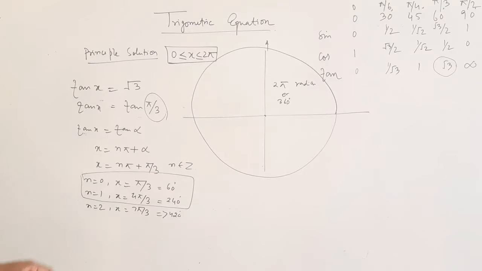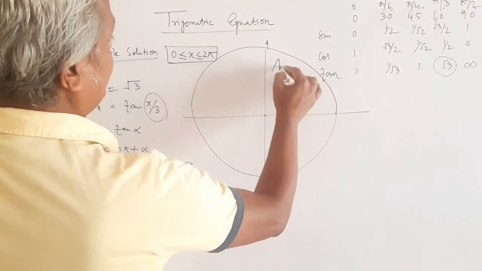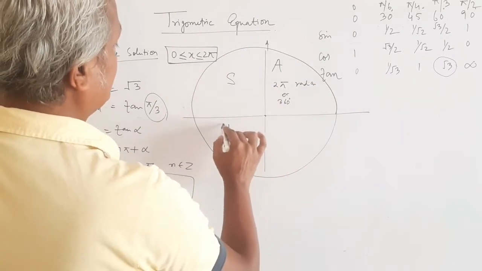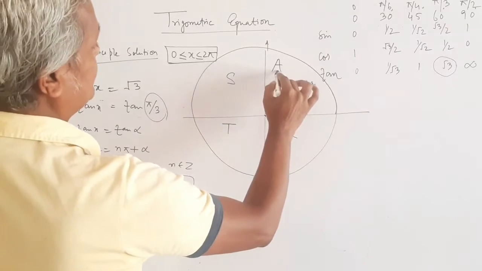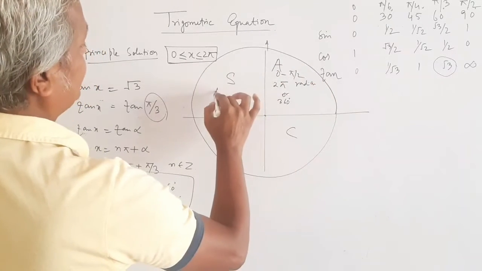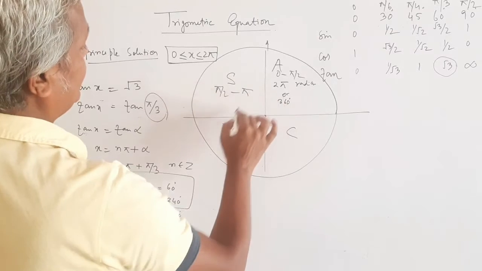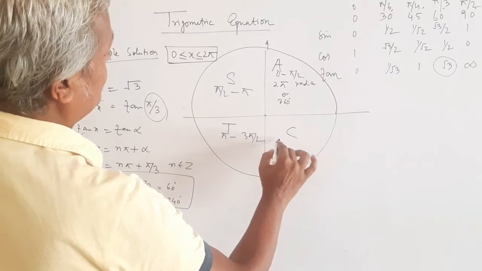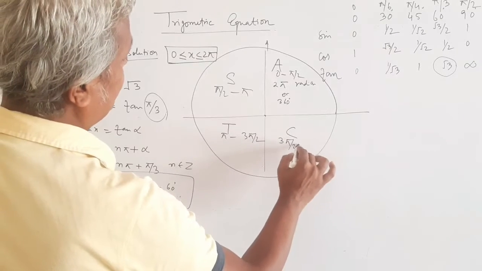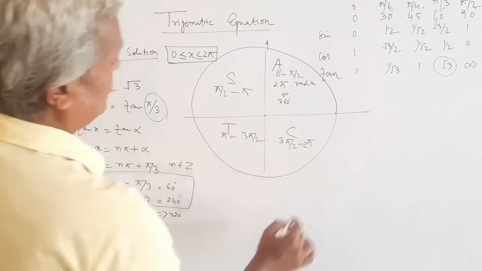You can also use ASTC, because we have discussed all that. Tan is positive in the first quadrant, that is 0 to 90, or 0 to pi by 2. Then pi by 2 to pi, pi to 3 pi by 2, and 3 pi by 2 to 2 pi.